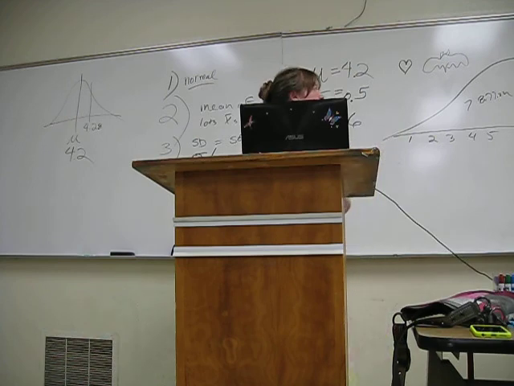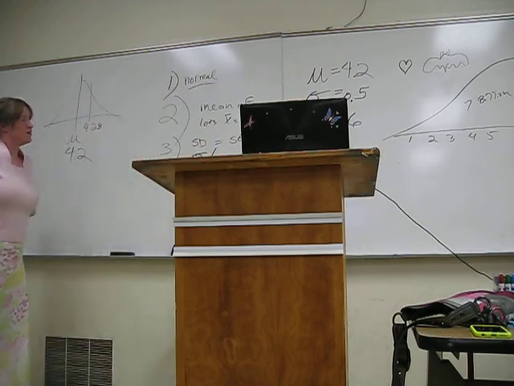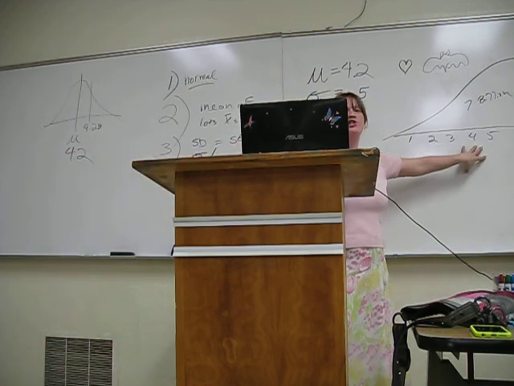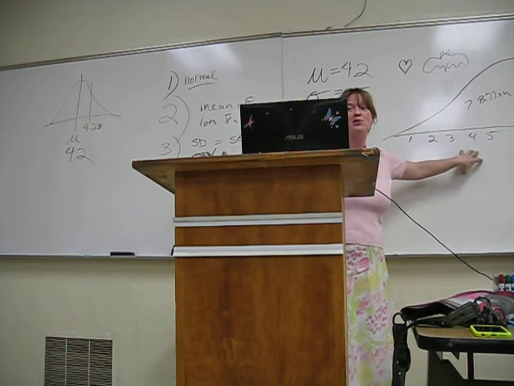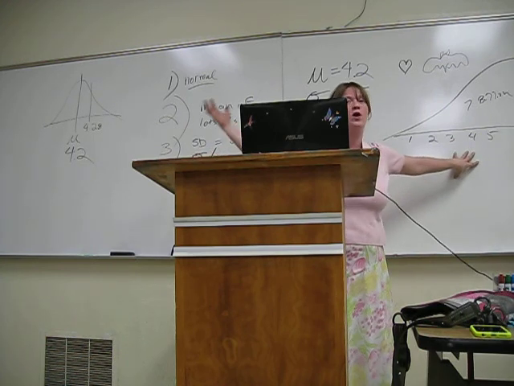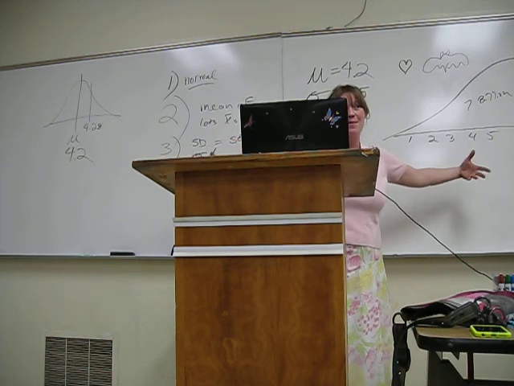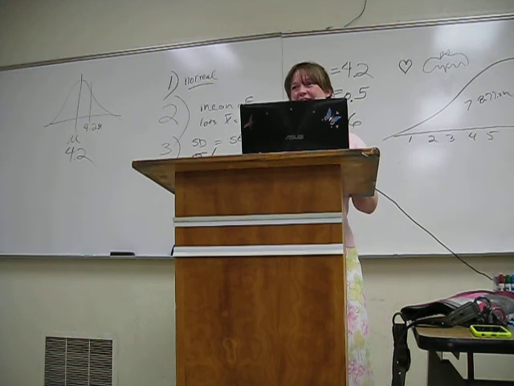So tell me, the shape of the sampling distribution for this population is what shape? Normal. Because sampling distributions of the mean are always what shape? Normal, as long as n, sample size, is greater than or equal to 9.